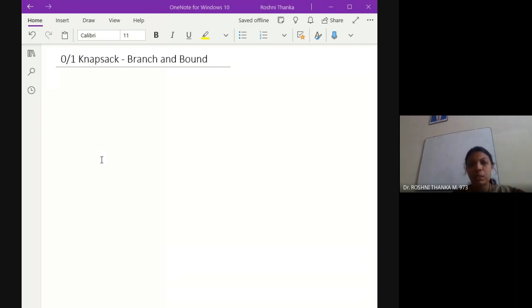So 0/1 knapsack is generally a maximization problem, but branch and bound can only help in minimization problems. So we are going to make this a minimization problem and then work on it. For that, instead of a positive value, we are going to consider a negative value. That will help us to work with the branch and bound algorithm.